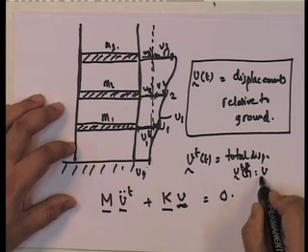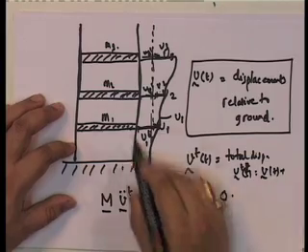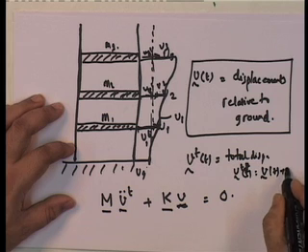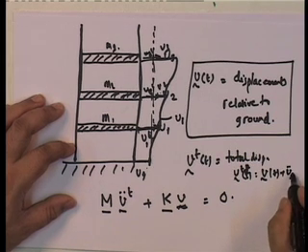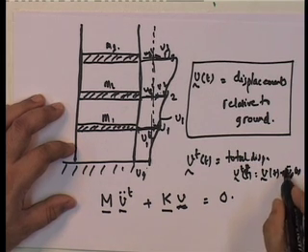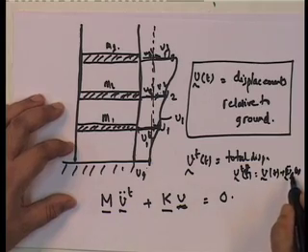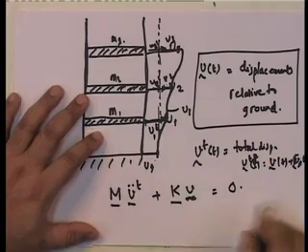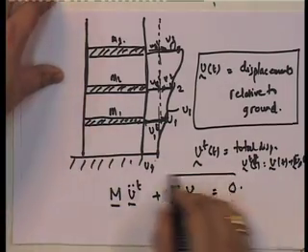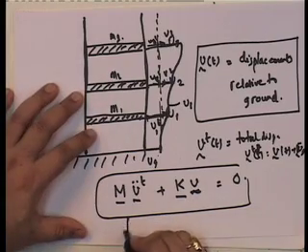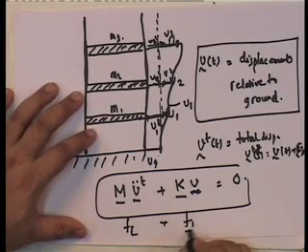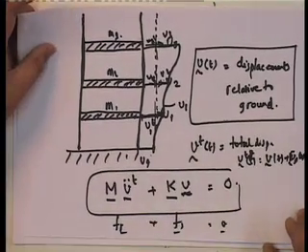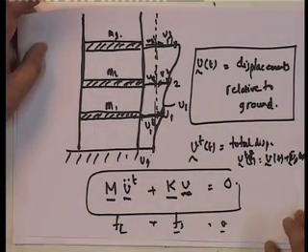It is equal to the relative plus Vg of t, times 1, because Vg of t is a scalar and everywhere it is the same. So it has to be 1. Now this is the equation of motion, because this is the inertial force and this is the spring force, and this is equal to 0. We are assuming that there is currently no damping. Okay.